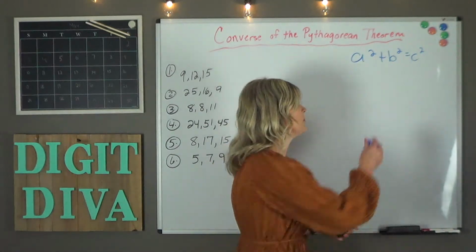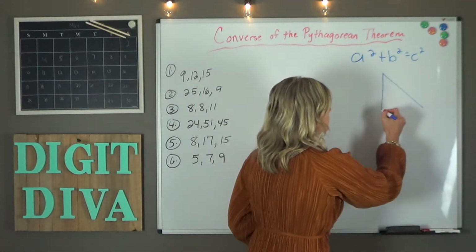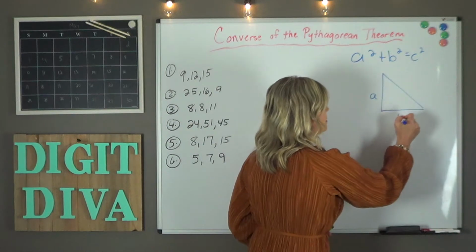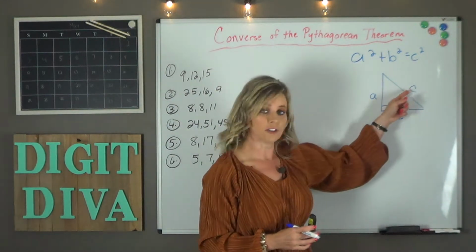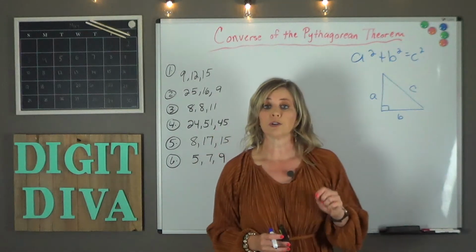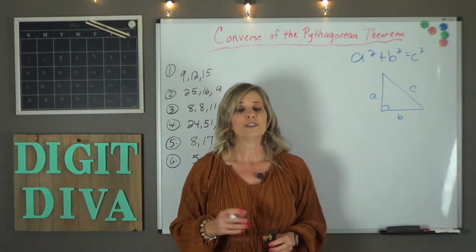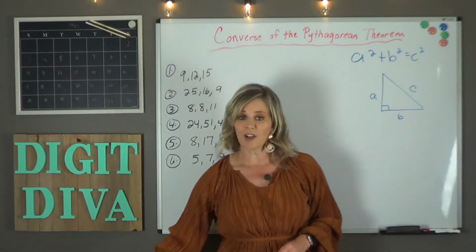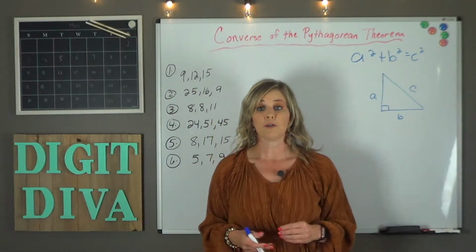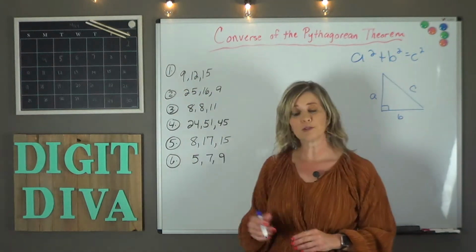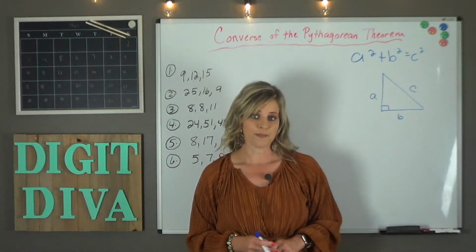And remember, in a right triangle, the hypotenuse, the side across from the right angle, is always your largest side length. Today we're going to plug in our given numbers and see if each one of these examples would form a right triangle, okay?